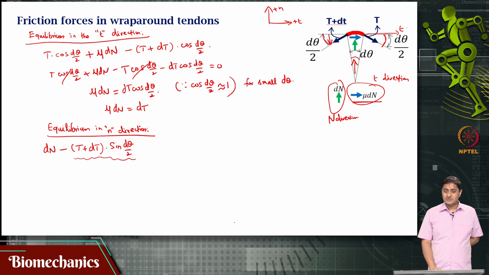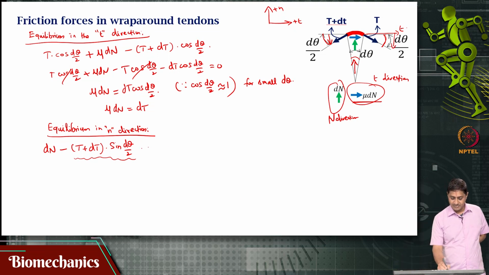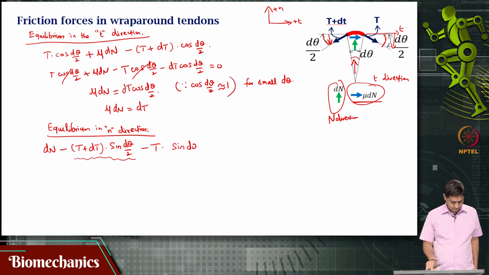Those who are still confused about how I am doing this, go back to our first few videos where we discuss how to resolve vectors. Okay. So, that would be sin d theta by 2 times t plus dt, but we are not done yet. There is this t force also that comes into the picture, and that would be minus t times sin d theta by 2.